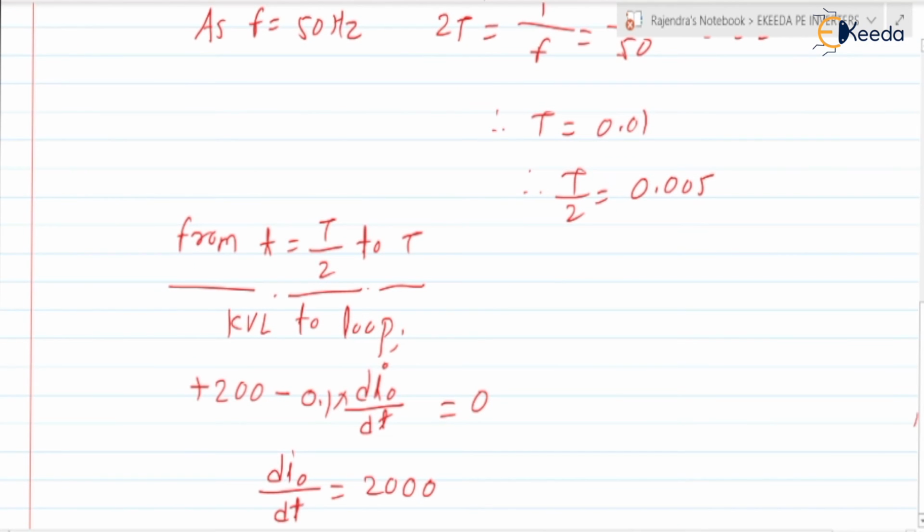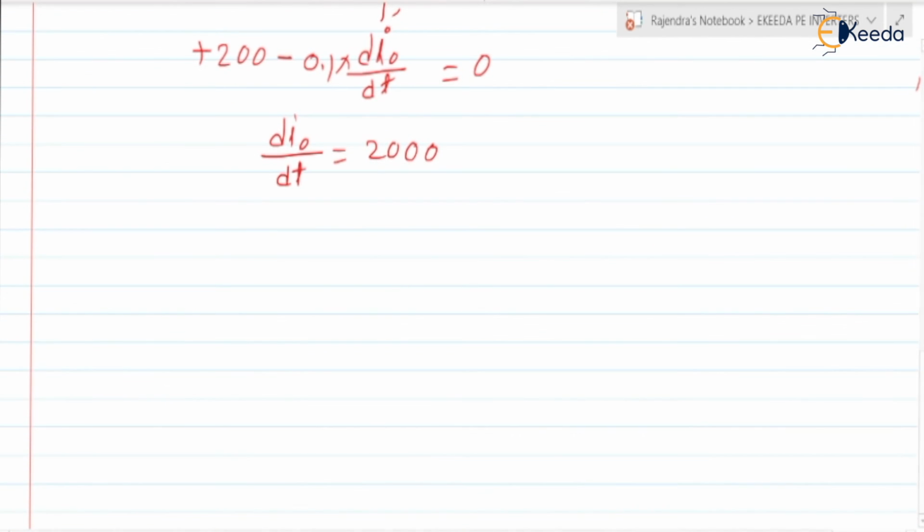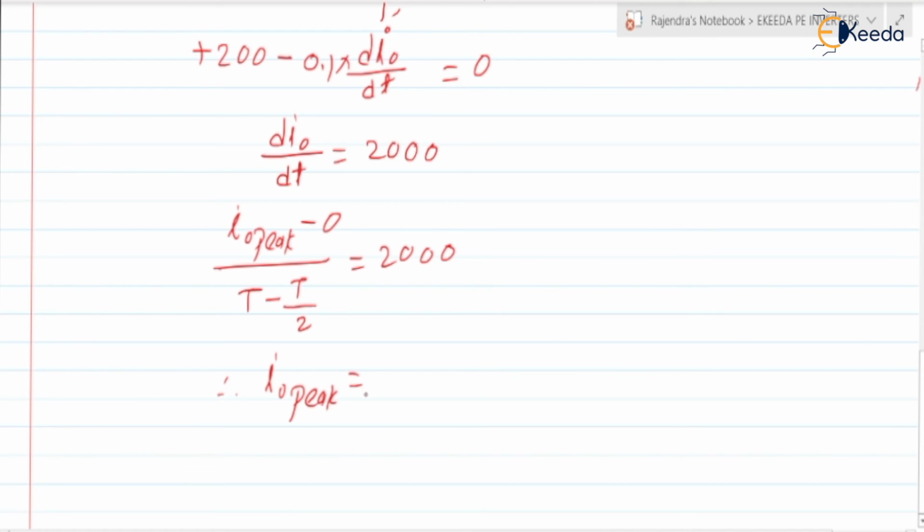So this can be written as I0 peak minus 0 divided by T minus T by 2 is equal to 2000. Therefore I0 peak is equal to 2000 into T by 2.